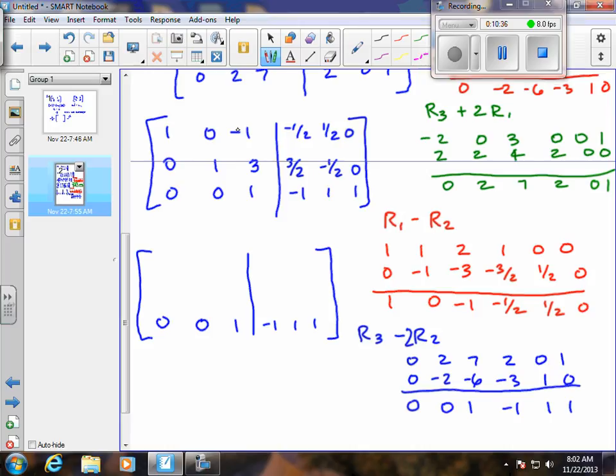Starting with a -1, I want to change that to a 0. So I take row 1 and add my row 3.